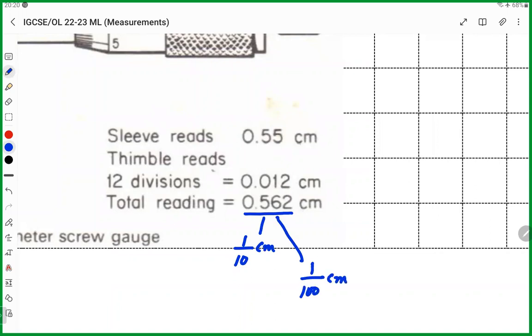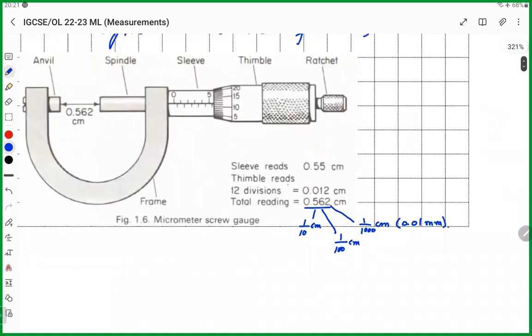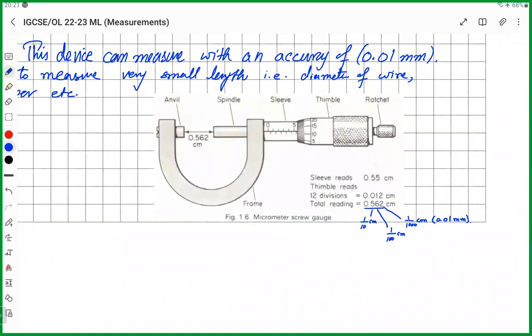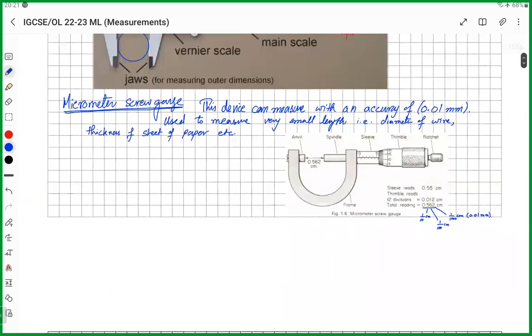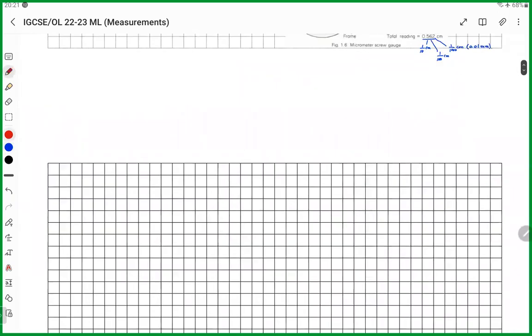And this too is actually 1/1000 centimeter, which is equivalent to 0.01 millimeter, 1/100th of a millimeter. So it means we can use a micrometer to measure something with an accuracy of 1/100th of a millimeter or 1,000th of a centimeter. That is why this device is very useful to measure something with more accuracy.